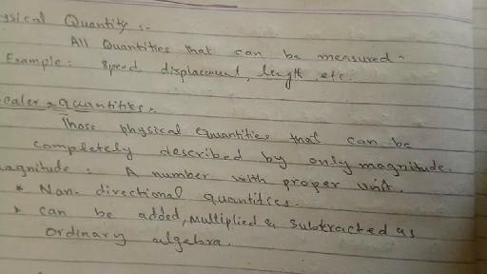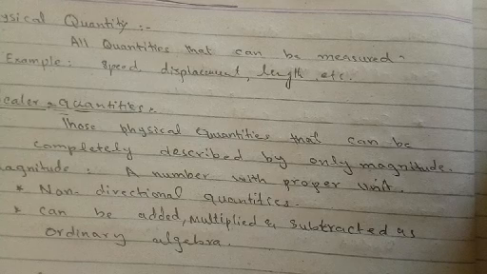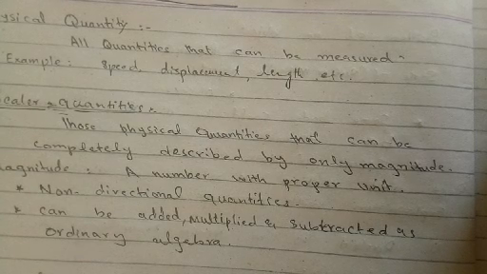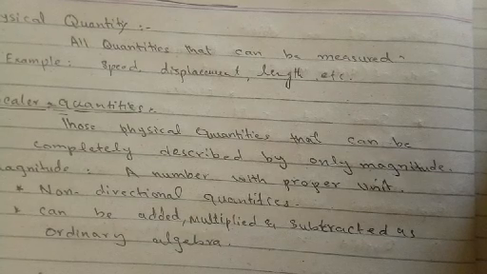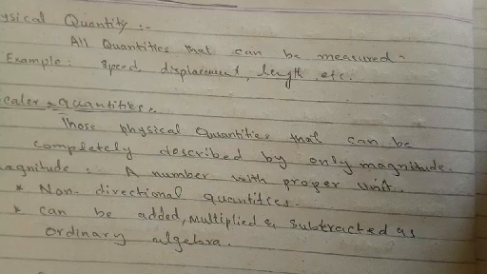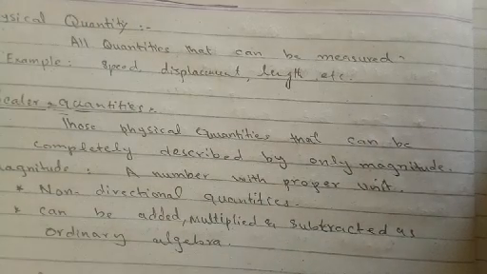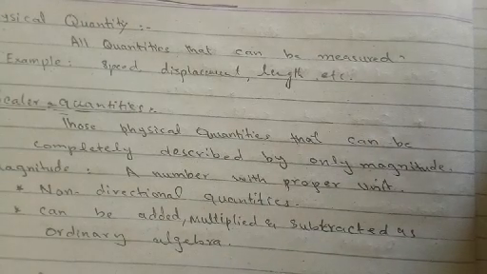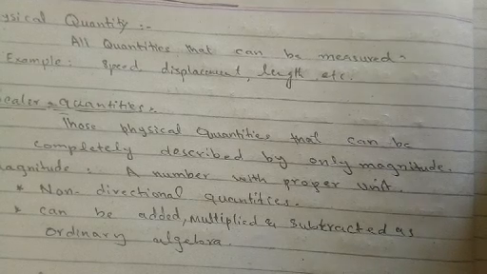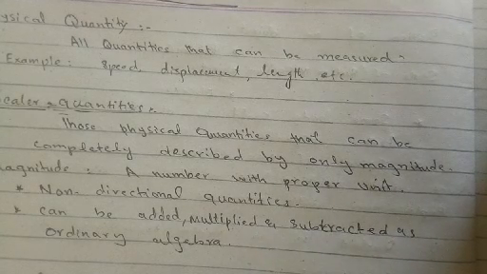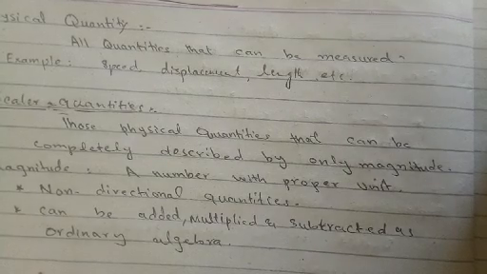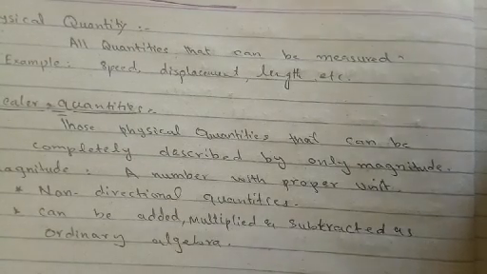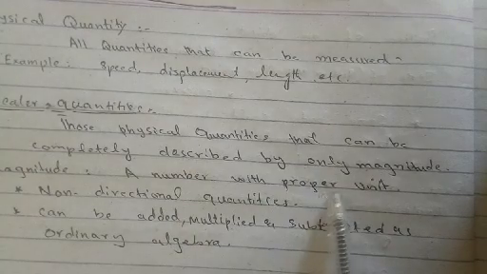It doesn't need direction. If somebody says I covered 2 meters distance, d, we can also represent it with L or D. So 2 meters is the magnitude: 2 is the number, and m is the proper unit.